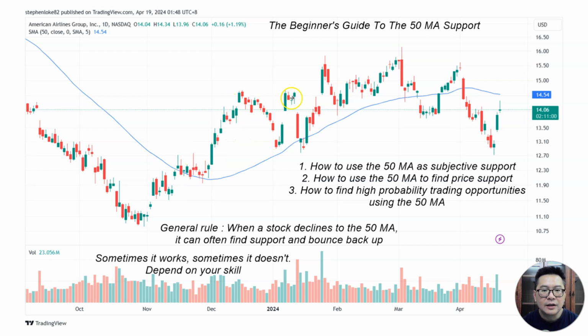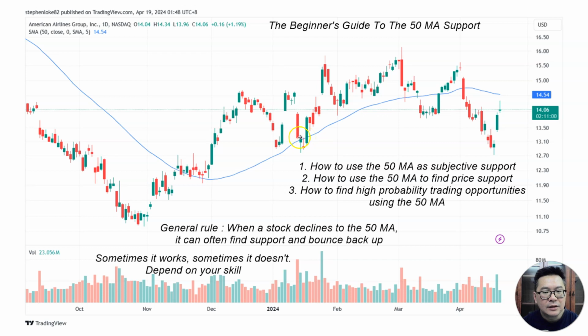Look, when it corrected to the 50 MA, it found support and bounced up. So with this knowledge in mind, you can take advantage of this phenomenon, if you will, to guide yourself in the market and also to find trading opportunities.